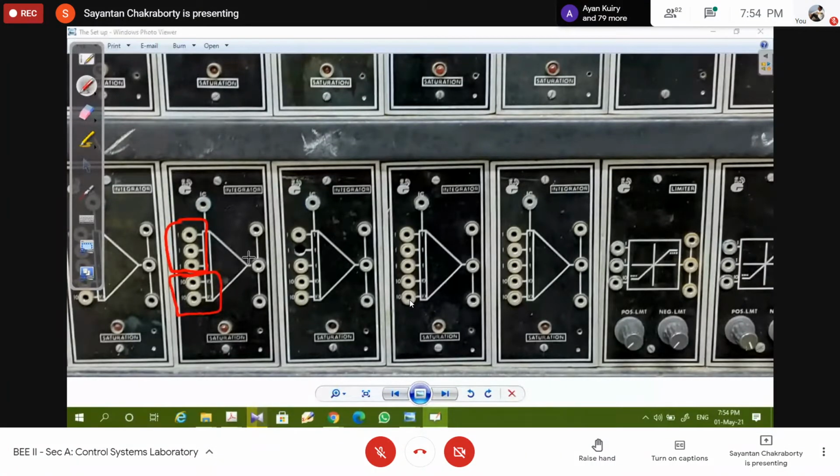And there is this IC terminal, your initial condition terminal. So this integrator already has the summer incorporated in it, so you can use it to integrate and do the summation simultaneously.